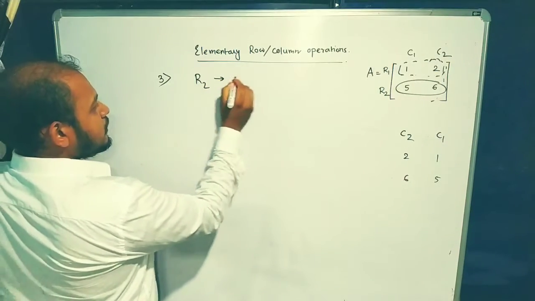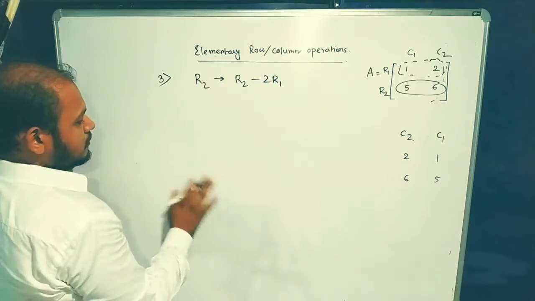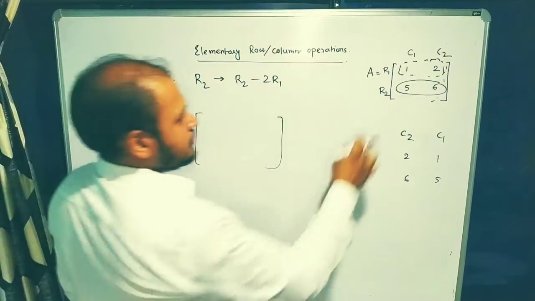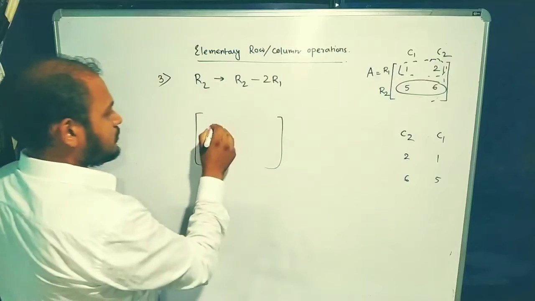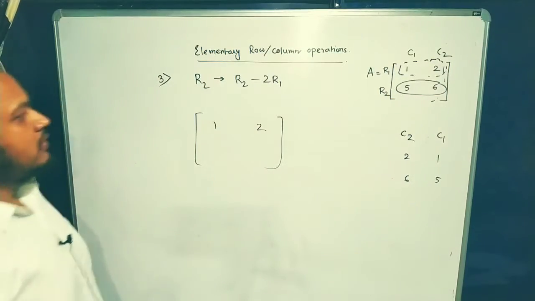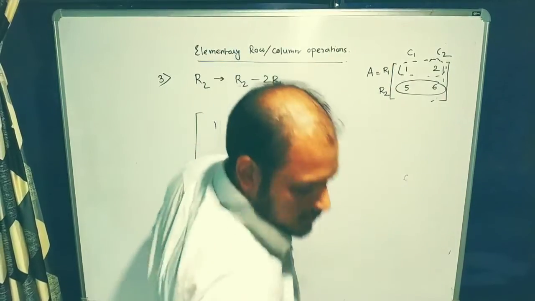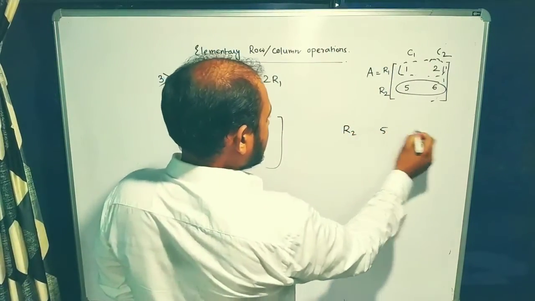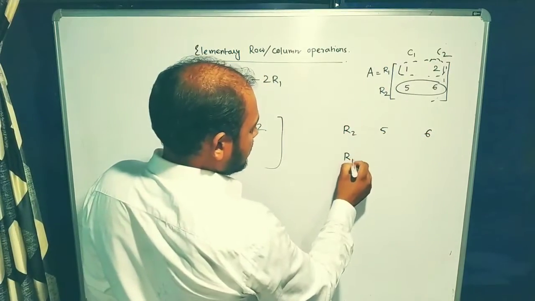Okay, let's look at another example. R2 becomes R2 minus 2R1. So in a similar fashion, we are seeing that the first row remains the same because only R2 is getting changed to something. So first row remains the same as 1, 2. And look at the second row. The second row is 5, 6. And we have 2R1. So let's write R1.